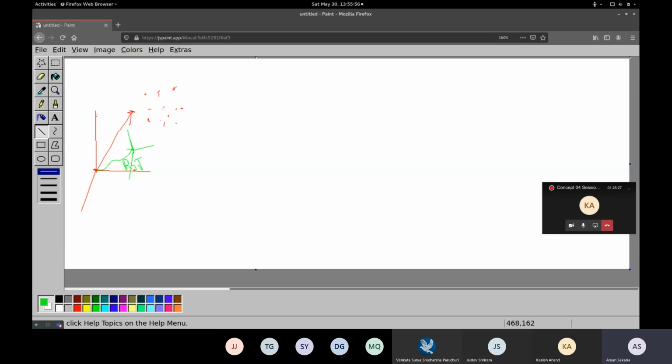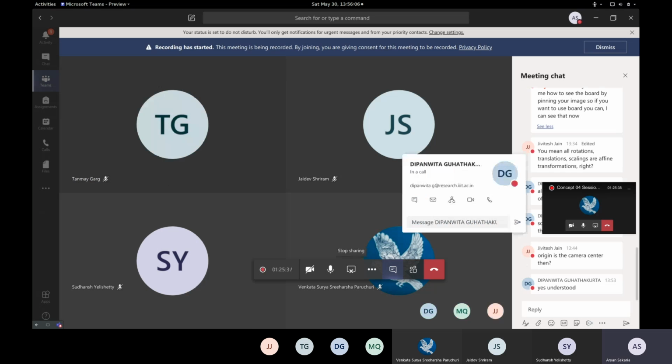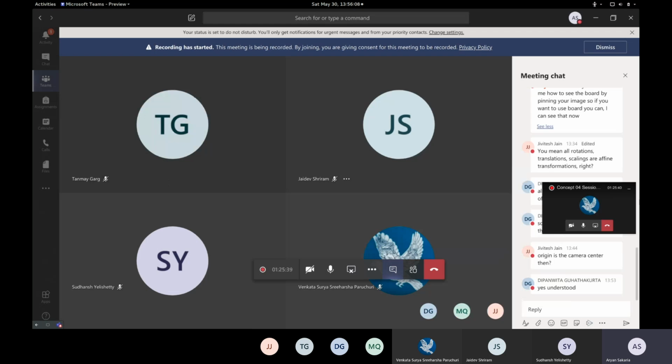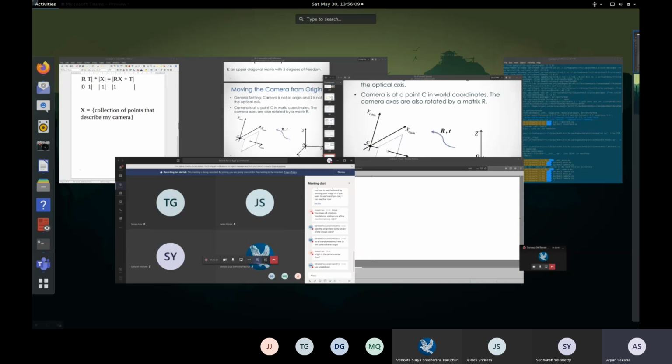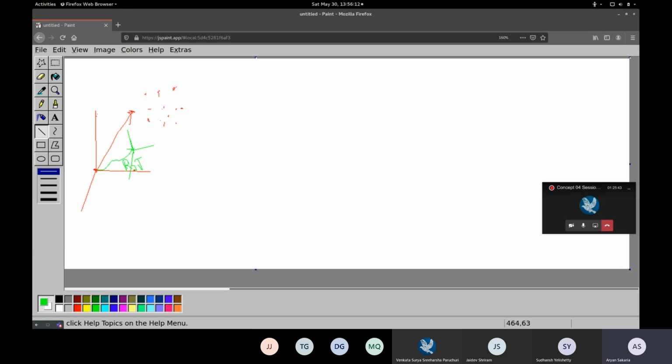The previous thing that I just explained was that you had a camera, you rotated it first, and then you translated it. So can anyone build up as to where I'd go next, as to how to get these red points into the green points? We started with this green frame oriented exactly with the red frame, and we did some rotation and translation to get it into this position. Now I want to get it back.